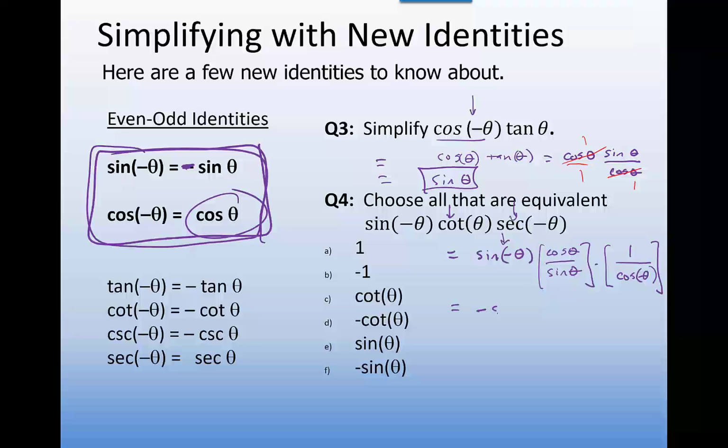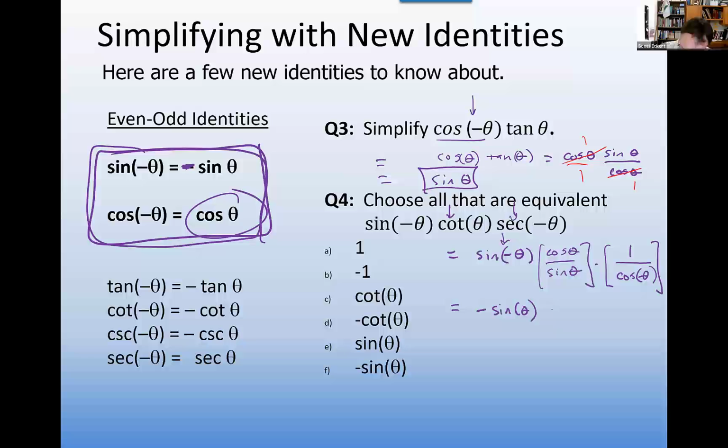Negative sine theta. Exactly. And then cosine of theta, sine theta is still the same. And then lastly, what is cosine of negative theta? That's cosine of positive theta.